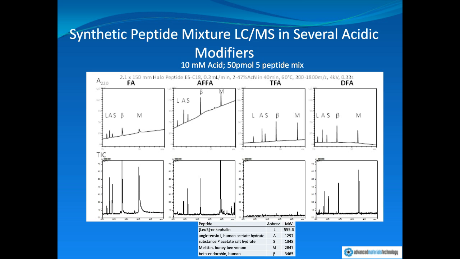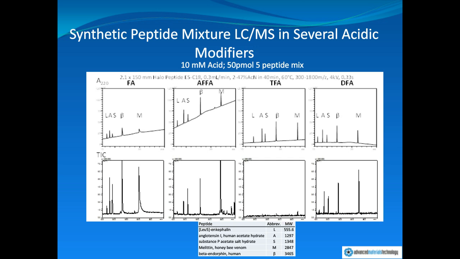Difluoroacetic acid shows considerably less problems in use in mass spectrometry. For peptides, this shows up as a much better signal, a much less ionization suppression than you see with trifluoroacetic acid. We use DFA quite a lot, almost exclusively these days, for tryptic digest and other peptide separations analysis, where we couple LC mass spectrometry.